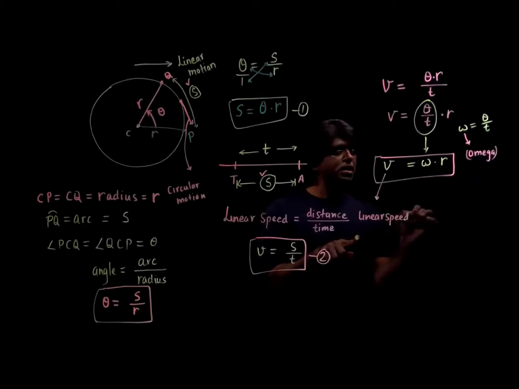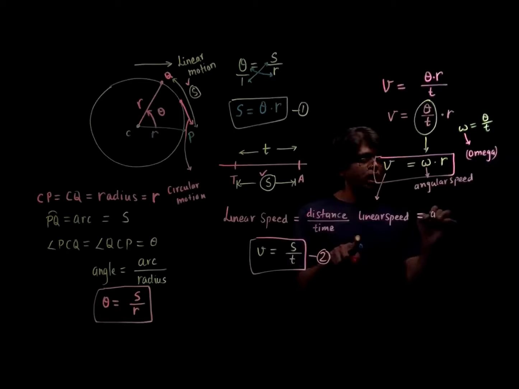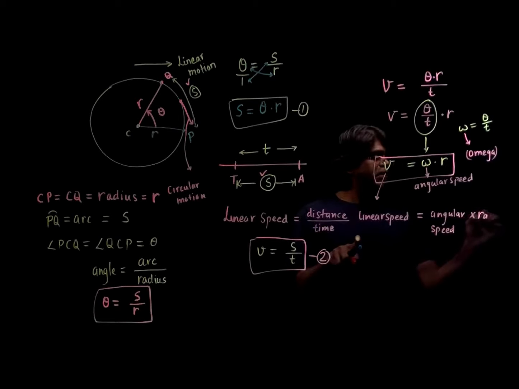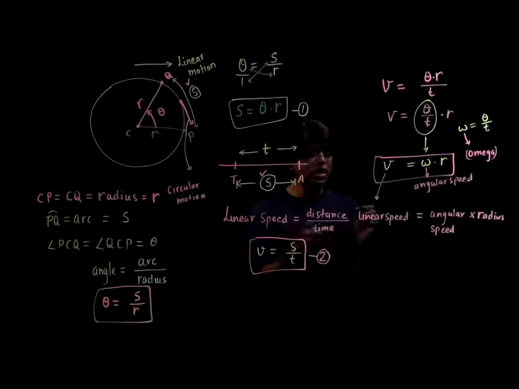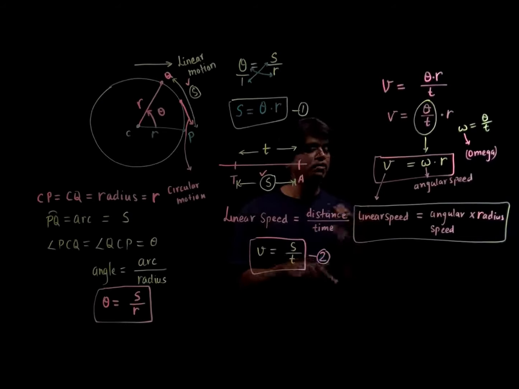Linear speed is equal to, this is my angular speed, times radius. Angular speed times radius. So linear speed is equal to angular speed times radius.